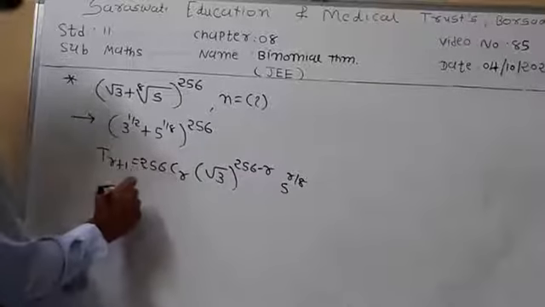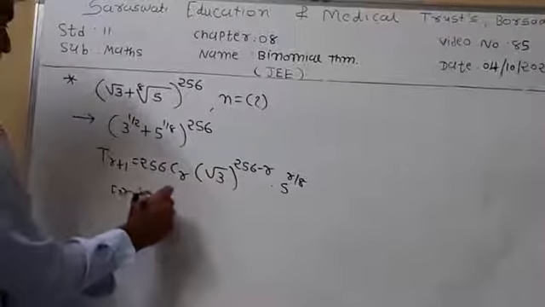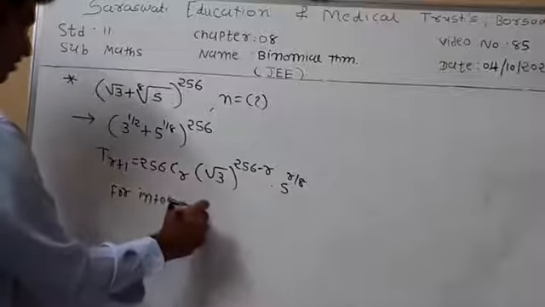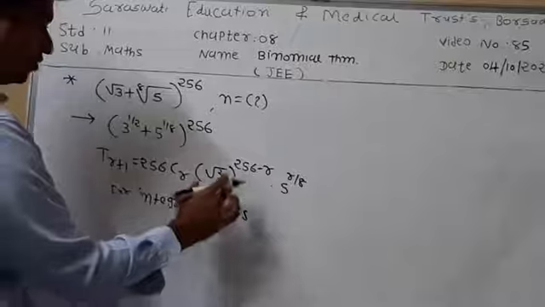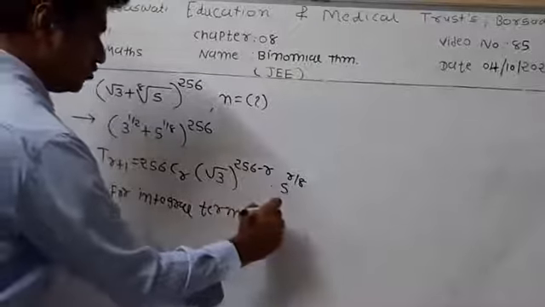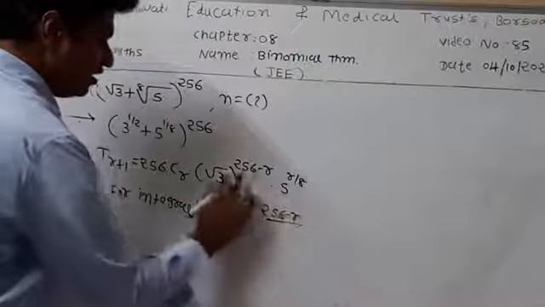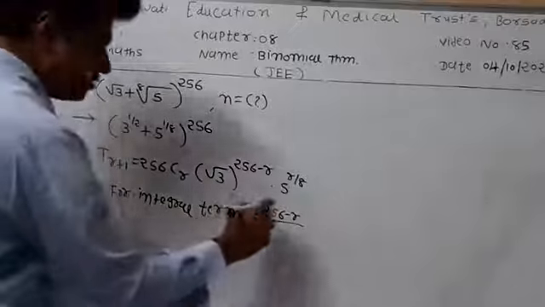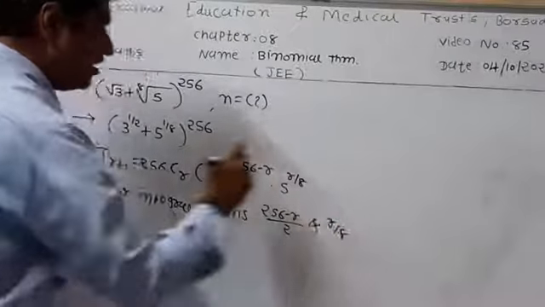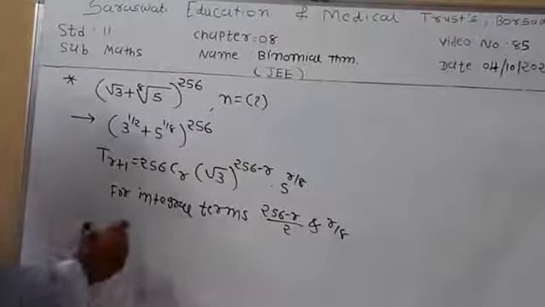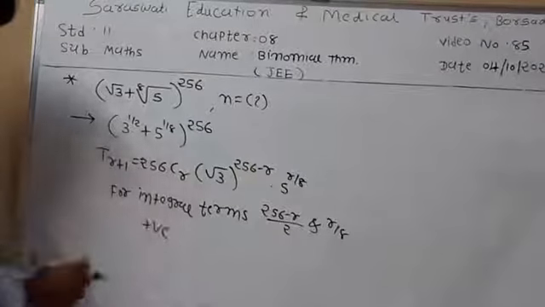Okay, now for integral terms. So here the integral terms require 256 minus r upon 2 and r by 8, and both must be integral and positive.